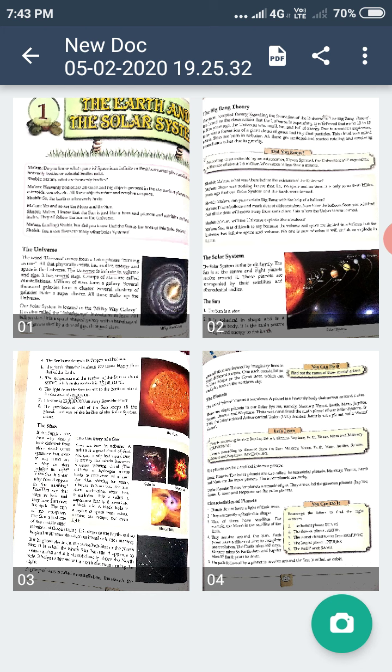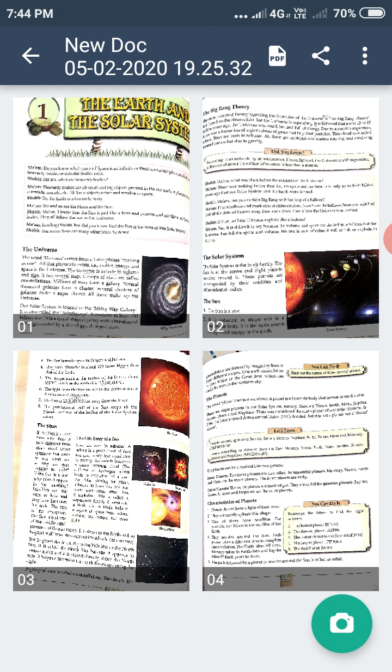All these got scattered and started rotating and revolving around each other due to gravity. Scattered means bikhar jana. Because of gravitational force, they scattered and started rotating and revolving around each other. So this was the theory behind the formation of universe.